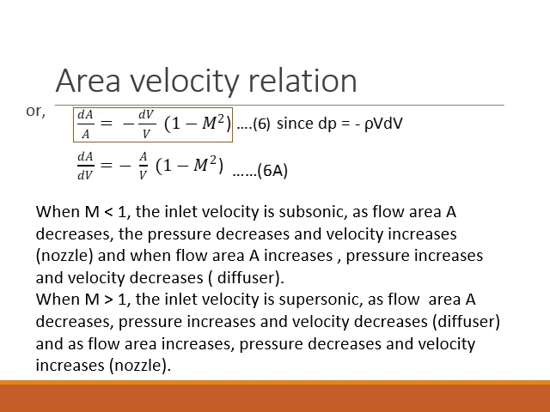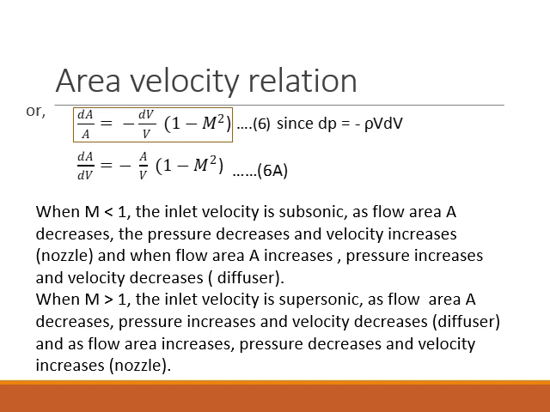Or we can write dA upon A equal to minus dV upon V into 1 minus M square, since dP is equal to minus rho V dV as per equation 3.